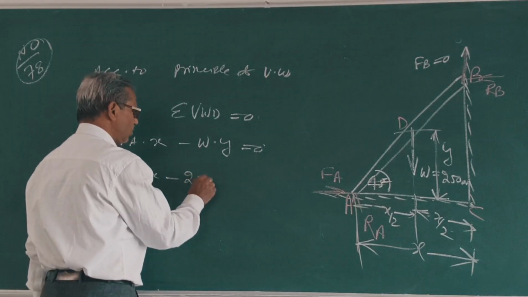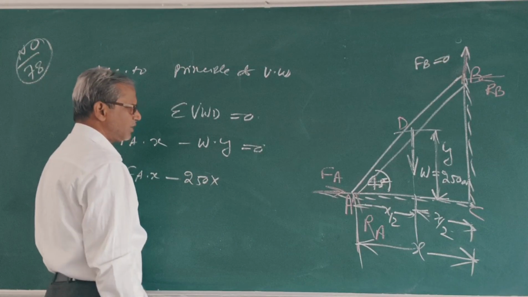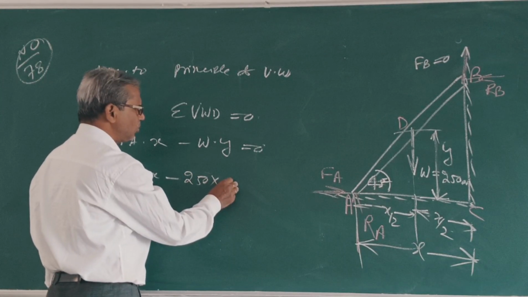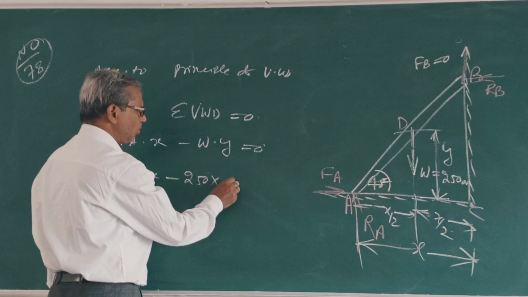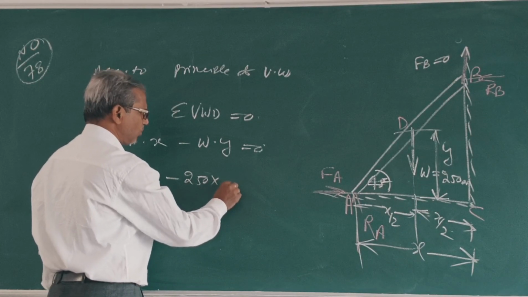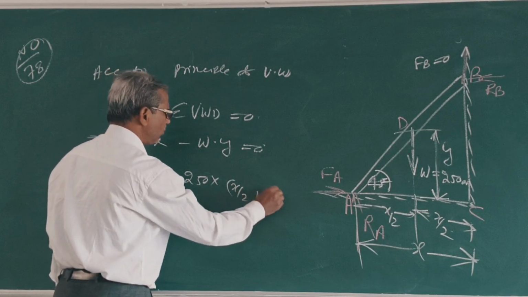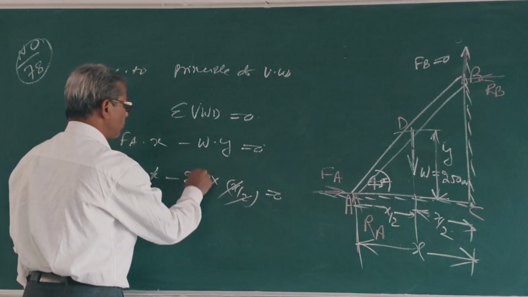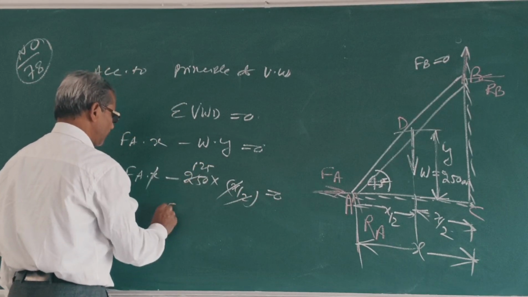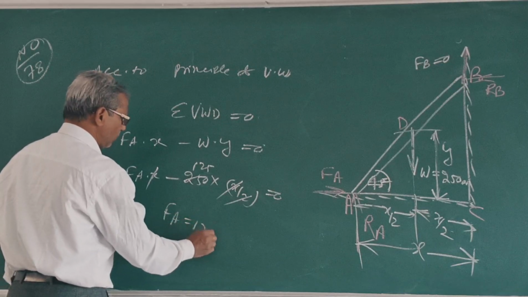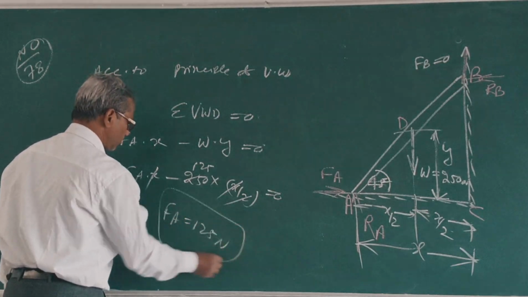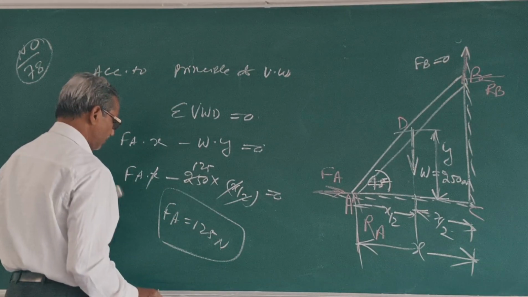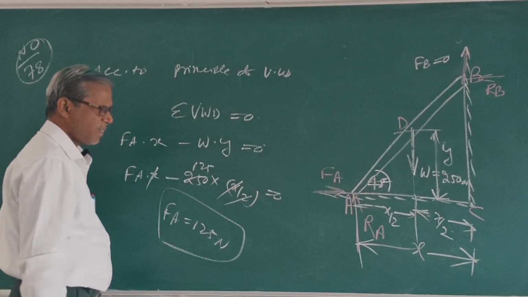What is y? X by 2. X cancels out, 125. What is FA? FA is 125 Newton. Here, this is FA. This is your answer.